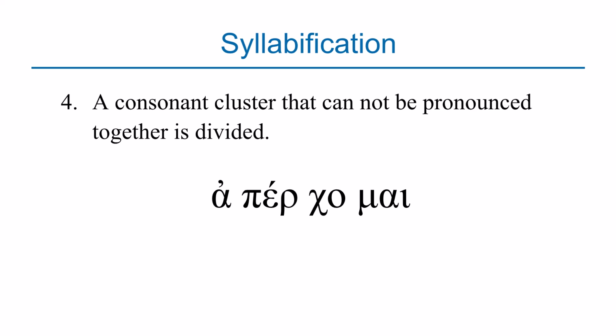But let's try to divide the entire word by using rule number 1. Rule number 1 says, look for vowels, and after every vowel, divide. So the first vowel is alpha, and after alpha, we divide. We look for the next vowel, which is epsilon. After epsilon, we should divide. But you see, if we divide after epsilon, it means that rho, which is a consonant, will stand alone because we should divide after alpha and divide between rho and chi because these two are a consonant cluster.